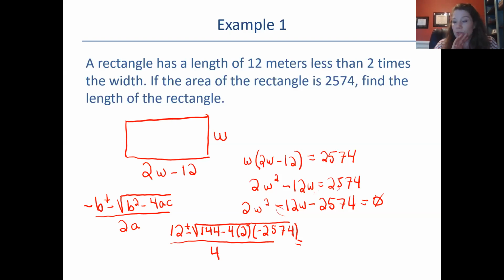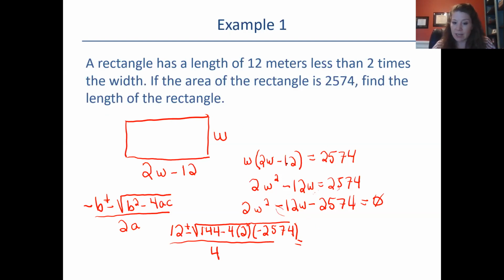Now, on almost all of these, you're going to get a perfect square under the radical. So let's see if this number is a perfect square. It is. The square root of 20,736 is 144.